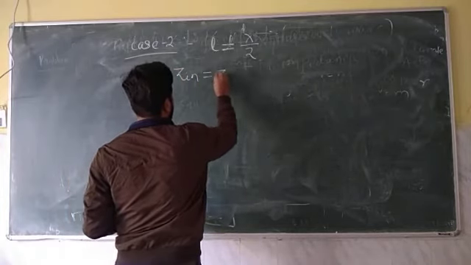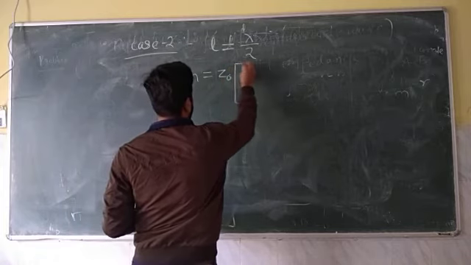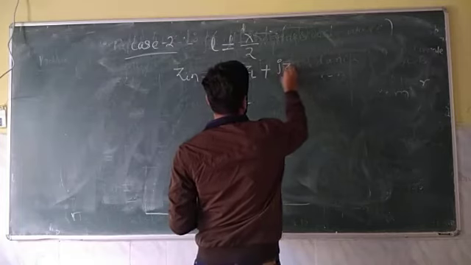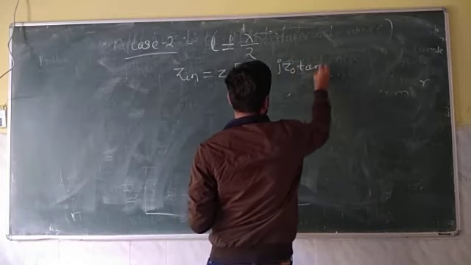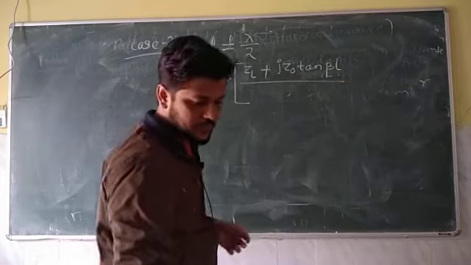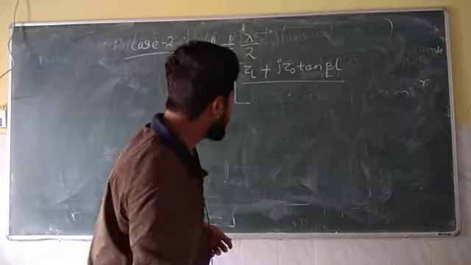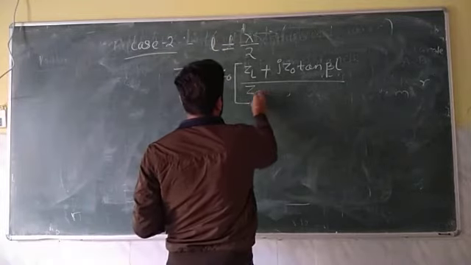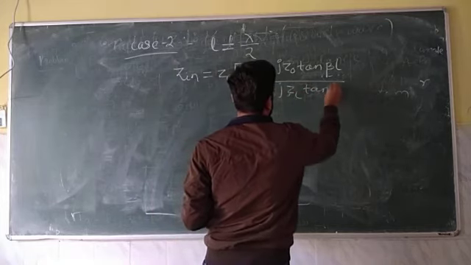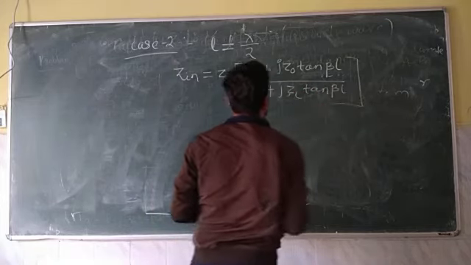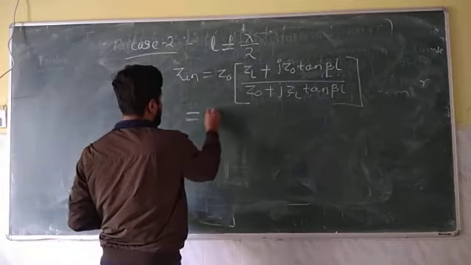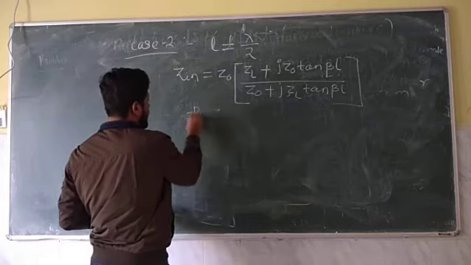Zin is equal to, let me write the formula, Z0 times ZL plus jZ0 tan beta L, divided by Z0 plus jZL tan beta L. First we have to calculate beta L. What is the value of beta L?